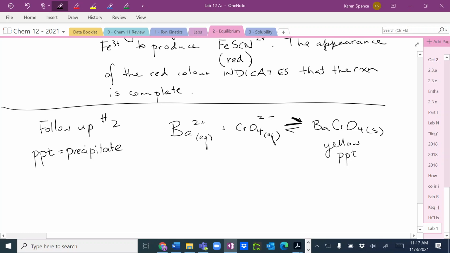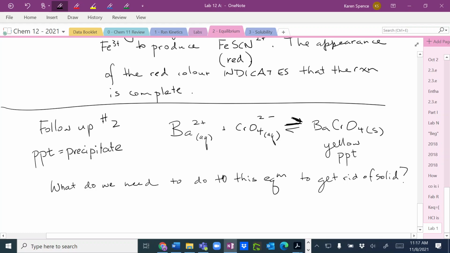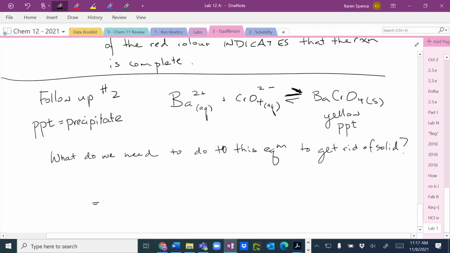If we want to get rid of the solid, what do we need to do to this equilibrium? Yeah, we want to shift it left, away from the solid.